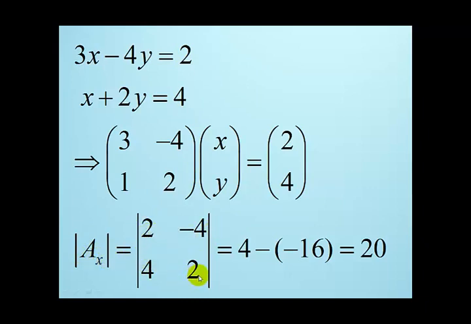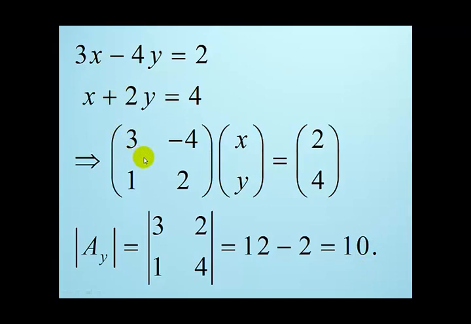And how do you find the determinant? 2 times 2 is 4. Minus 4 times minus 4 is minus 16. So 4 minus 16 will give us 20. Because the coefficient of the bracket here is minus 1, we have minus 1 times minus 16, which will give plus 16. So 4 plus 16 will give us 20. That means that the determinant of AX is equal to 20.